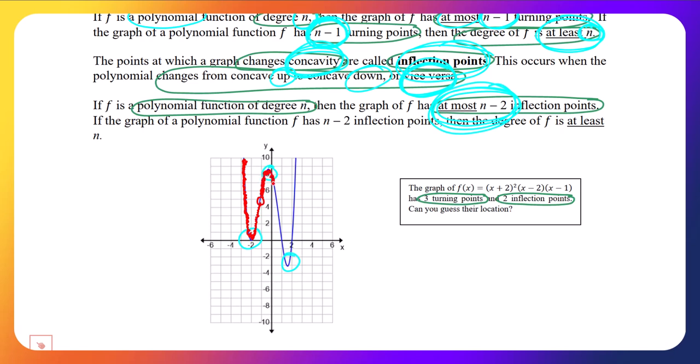Sharp right turn, turning right. Somewhere here, though, you start turning left again to stay on the graph. Sharp left turn, and then all the way up. So there's 2 places where you're changing from turning left to turning right.